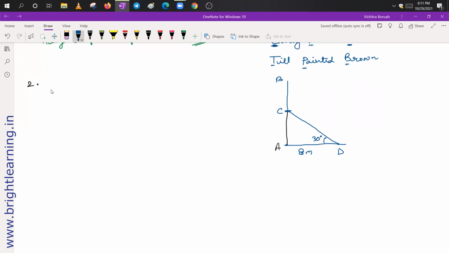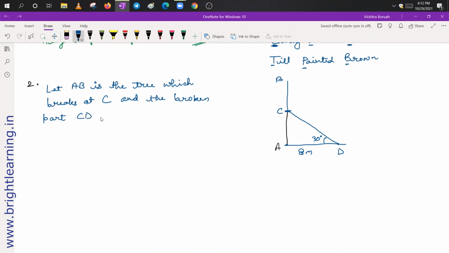So here we will write: let AB be the tree which breaks at point C, and the broken part CB becomes CD.